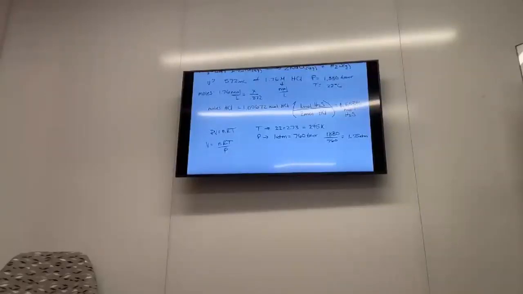So now we can take our moles. We have 0.50336 moles. What value of R are we using? 0.0821. Yep. And then we have temperature equal to, we said, 295, and we can divide by our 1.75.